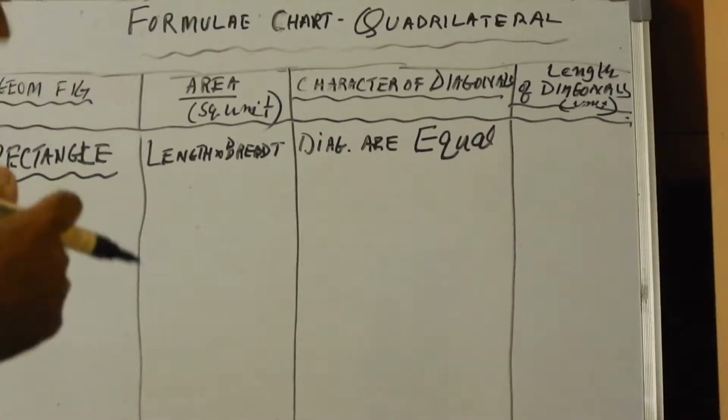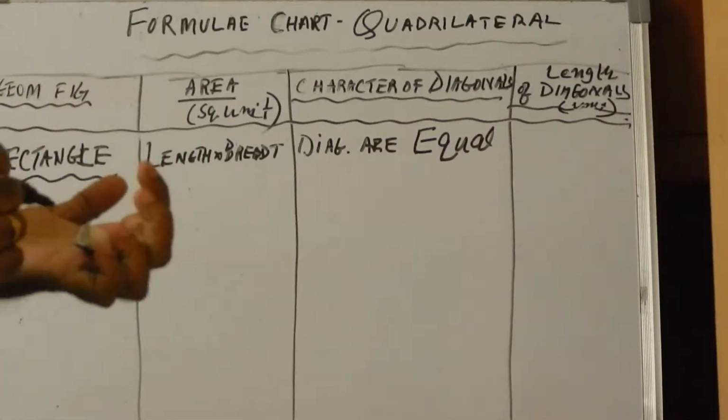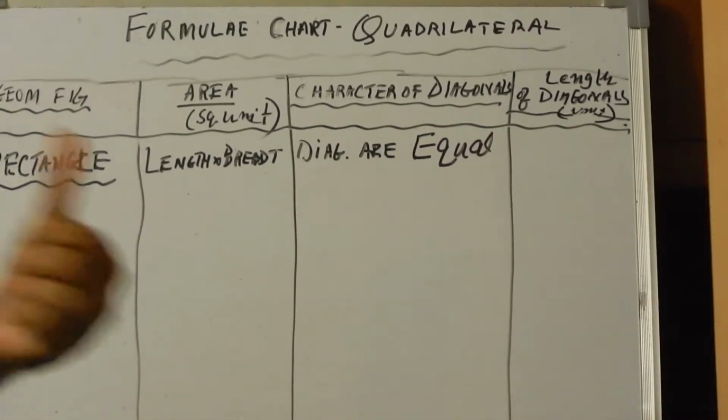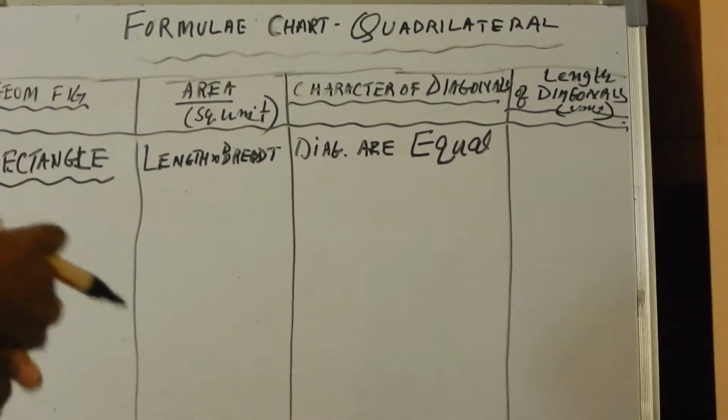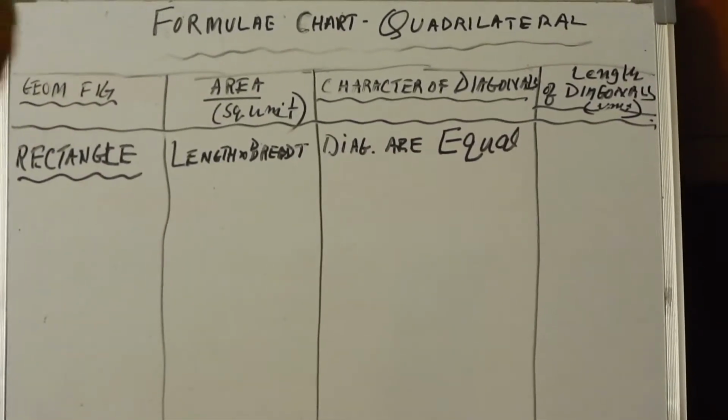And the second characteristic of diagonals is how they bisect each other. There are types of characteristics. For some cases they bisect each other at right angles. In some cases they bisect each other but not at right angle. In some cases they are not equal at all.